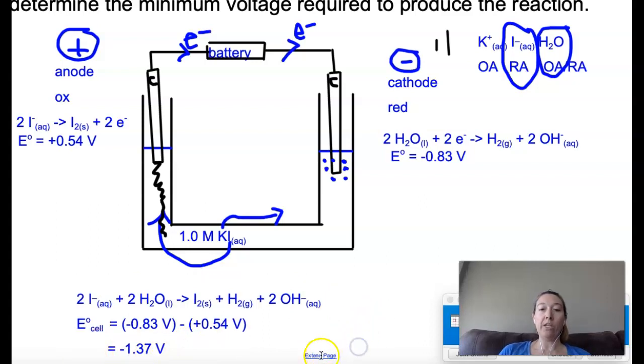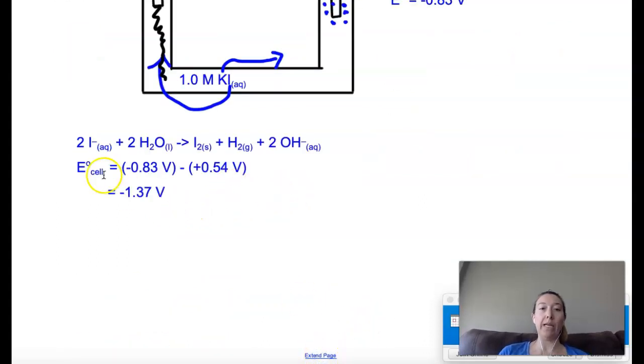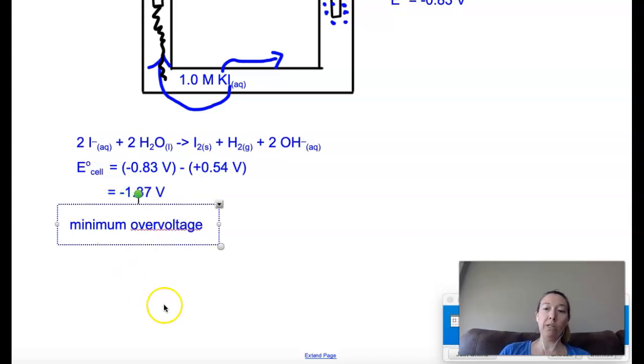So there's an additional thing that I need to include with this. So for me to actually make this cell run, I have to apply a voltage. We call that the minimum overvoltage. Okay, minimum overvoltage is how much voltage do I have to apply to actually make a cell run. So the minimum overvoltage is always greater than the positive value of the E naught of the cell, right?